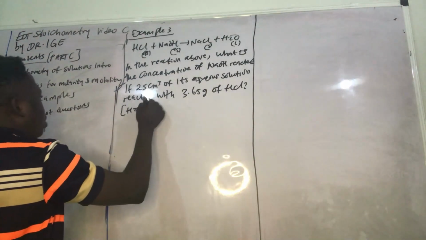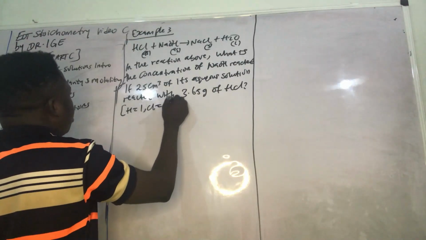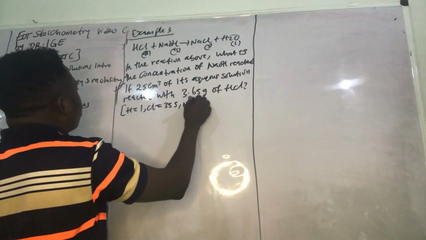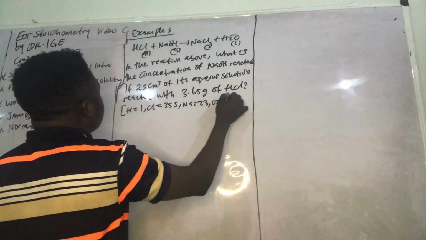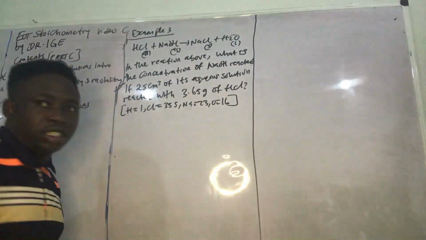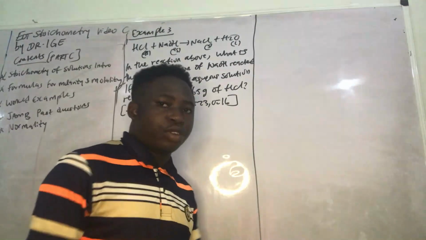Given that H is 1, Cl is 35.5, sodium is 23, oxygen is 16. You see the question? I've just written a very nice question.